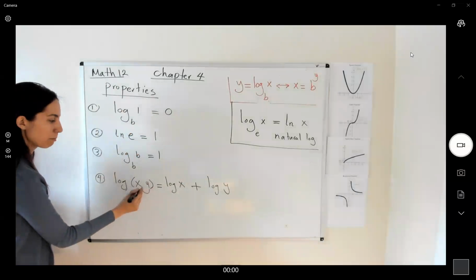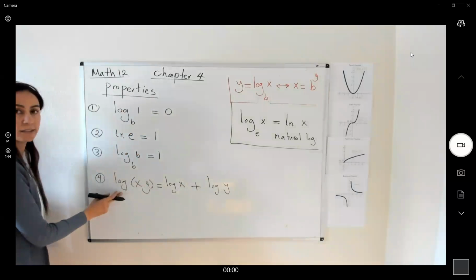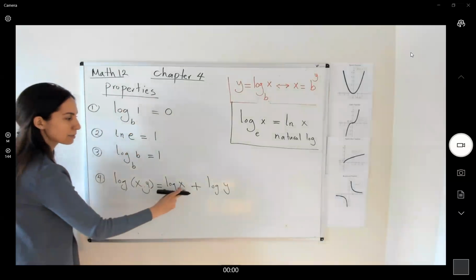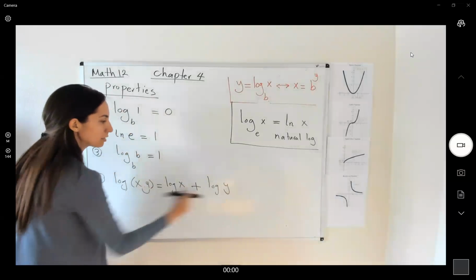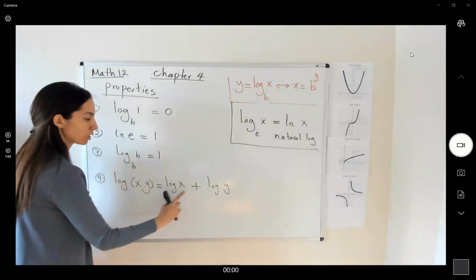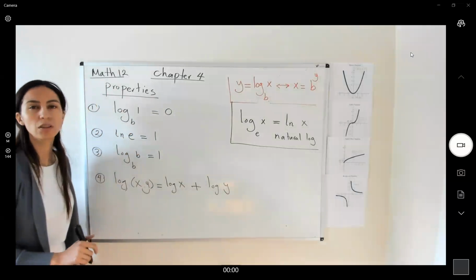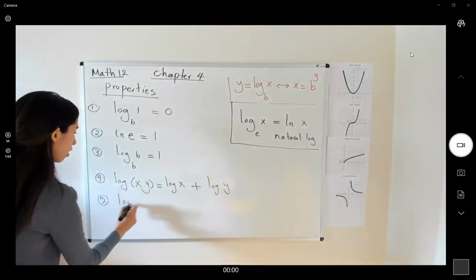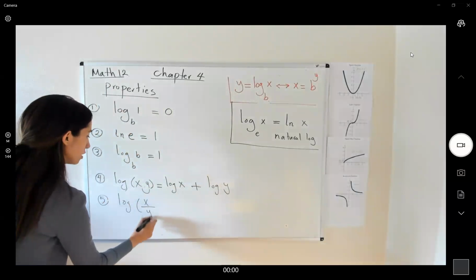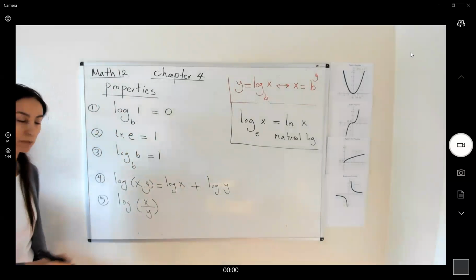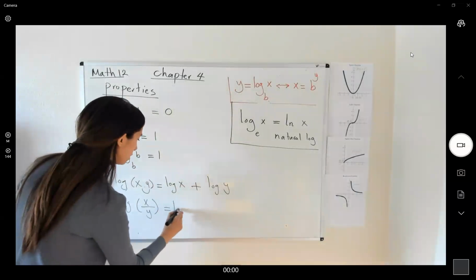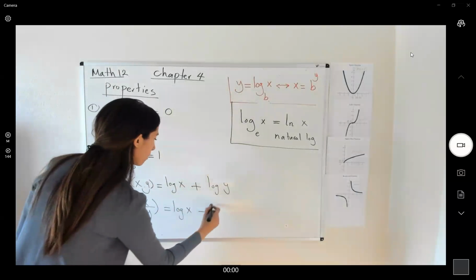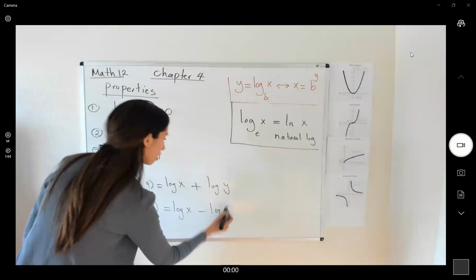So when you have multiplication inside log, you can split that and write it with addition between these two logs. The fifth one, log of the division. If you have x divided by y, it is going to be log of x minus log of y.